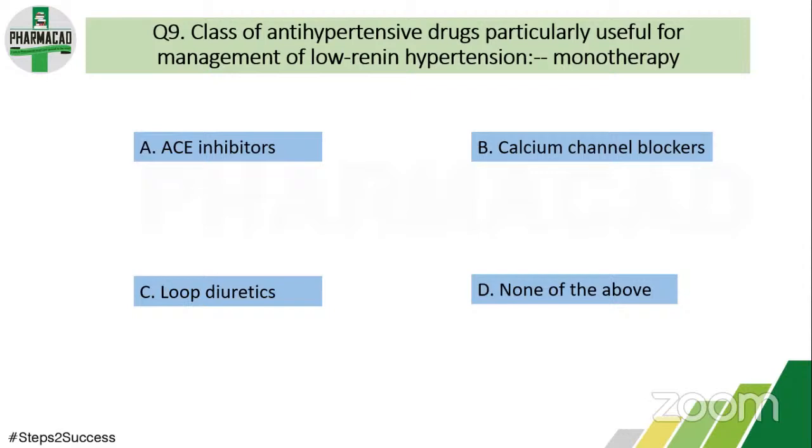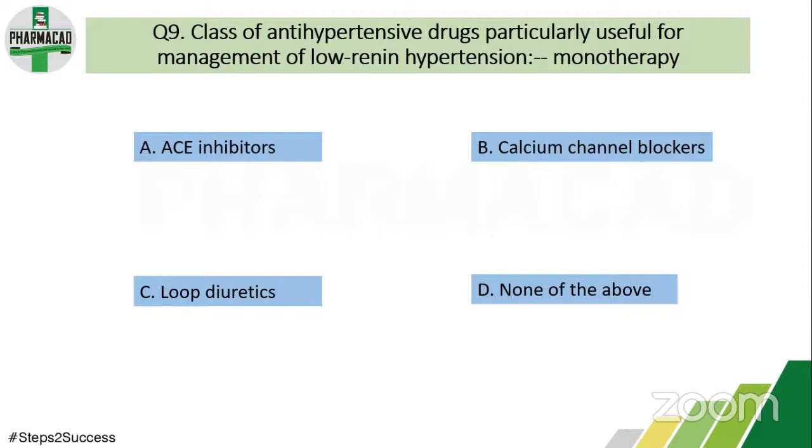If you remember the renin-angiotensin-aldosterone system, when there is less fluid in the body, renin is activated. Renin further gives rise to a cascade of events. Renin activates angiotensinogen, then comes the ACE enzyme, the angiotensin converting enzyme, and further the process goes on.